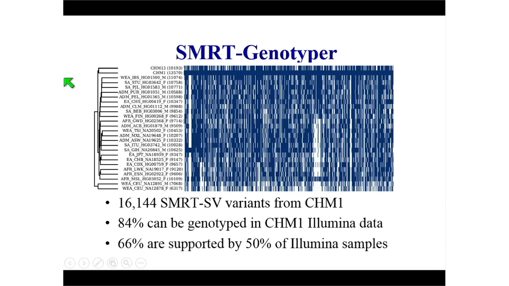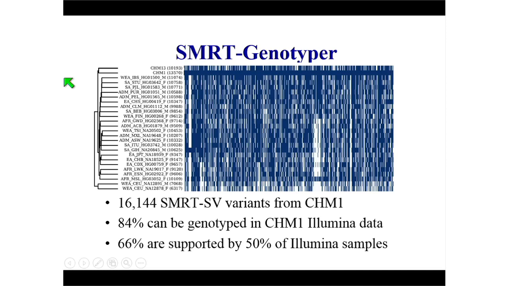So what I'm showing you here is an analysis of taking 16,000 structural variants that have been sequence resolved, going back to Illumina data sets. Each of these represents genomes that have been sequenced at 30-fold or more with PCR-free Illumina technology, and just asking a very simple question: now that we know the sequence, let's say an insertion or deletion, can we genotype it, presence or absence, within Illumina data?